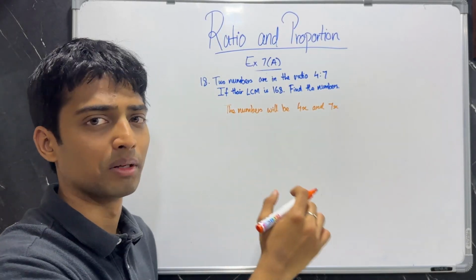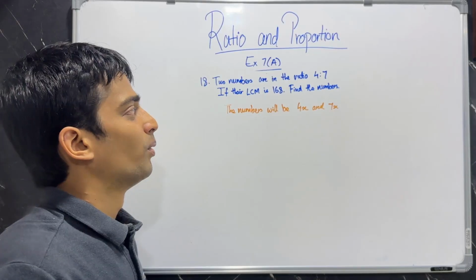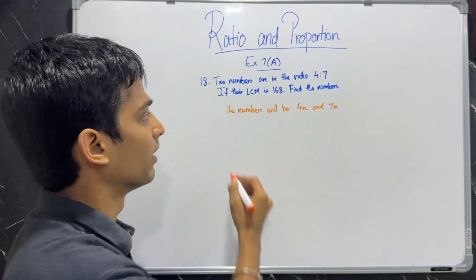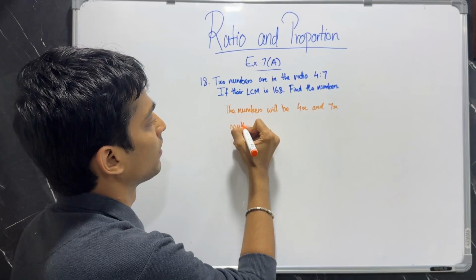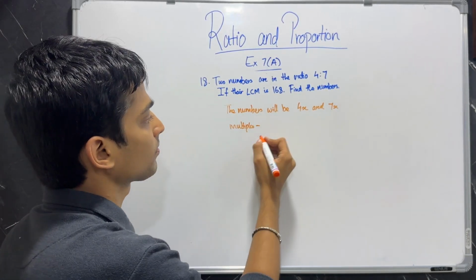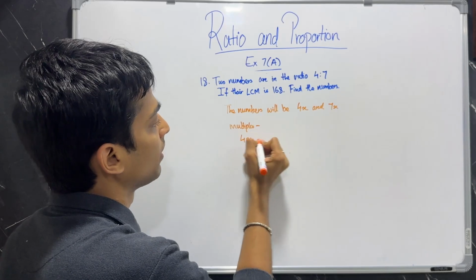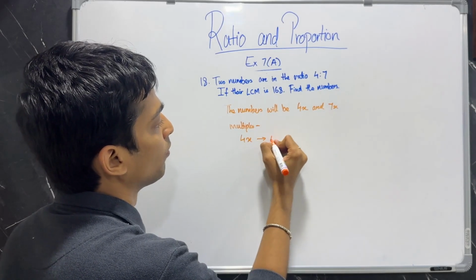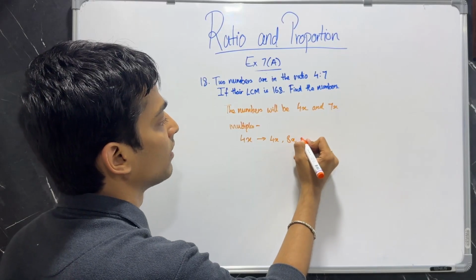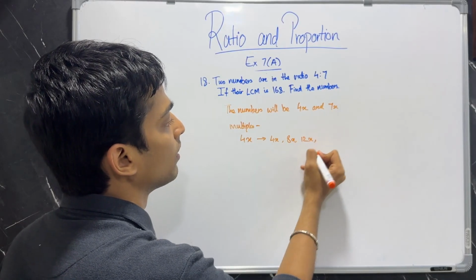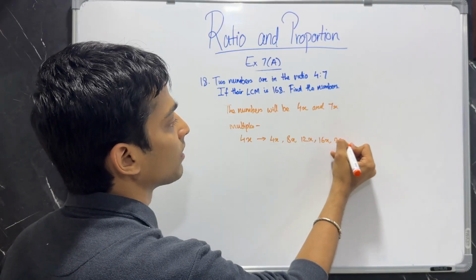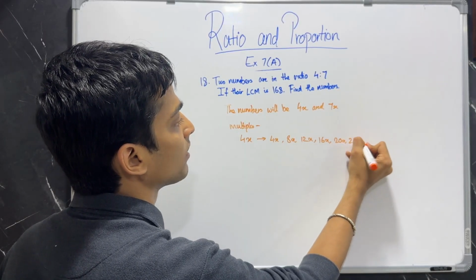LCM means lowest common multiple. So let's find multiples of these two separately. Multiples means tables. So 4x would be: 4x 1s are 4x, 4x 2s are 8x, 4x 3s are 12x, 4x 4s are 16x, 20x, 24x, 28x.